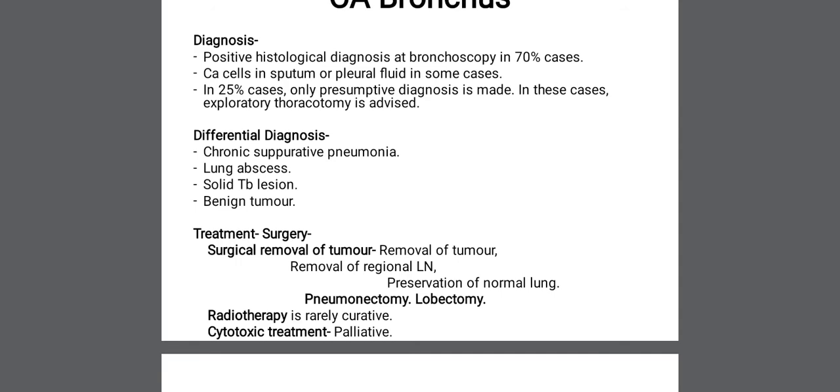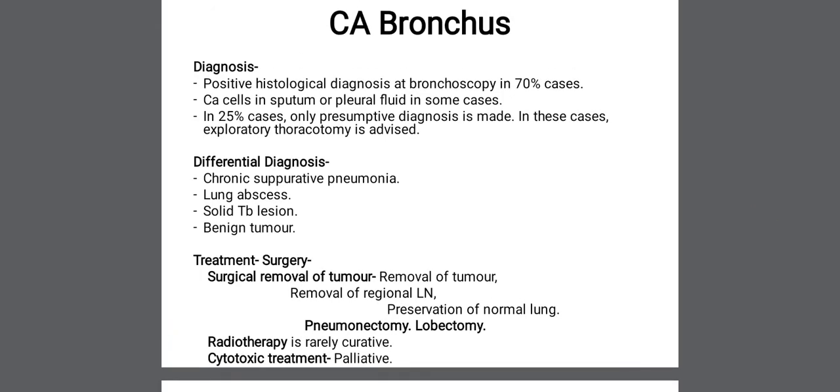So curative treatment is surgical removal of the tumor, with the aim to remove the primary tumor and the regional lymph nodes, but with preservation of as much lung tissue as possible.